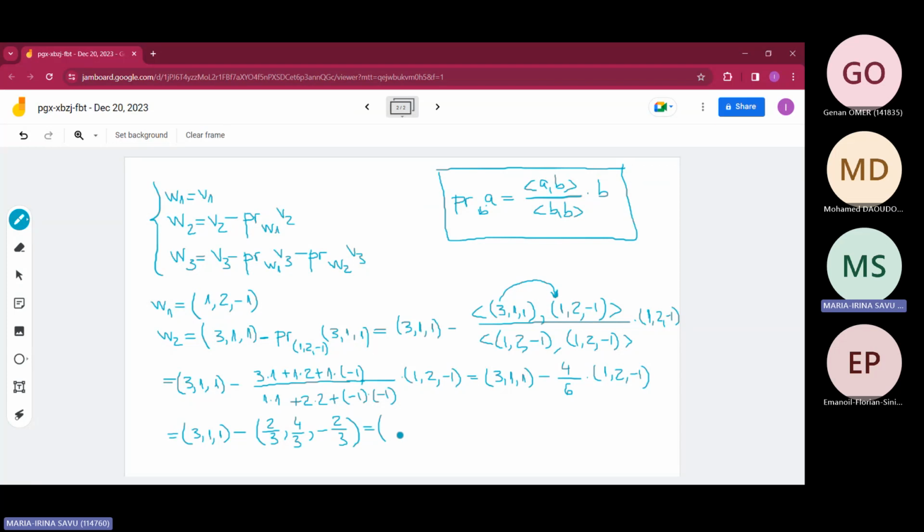And in the end, we get 7 over 3, minus 1 over 3 and 5 over 3. And this is W2. Okay, and now I will give you 5 minutes to find W3.